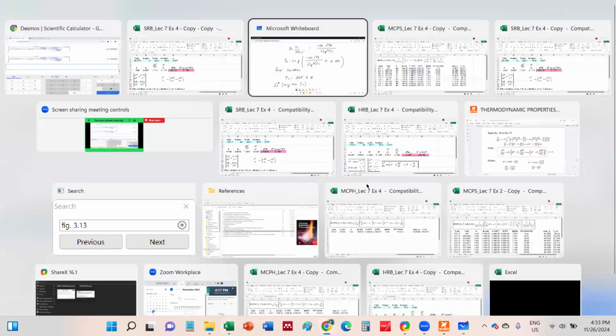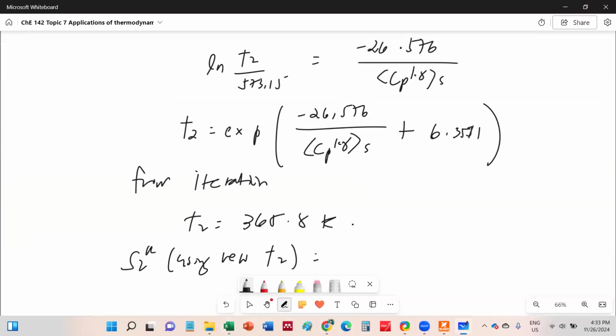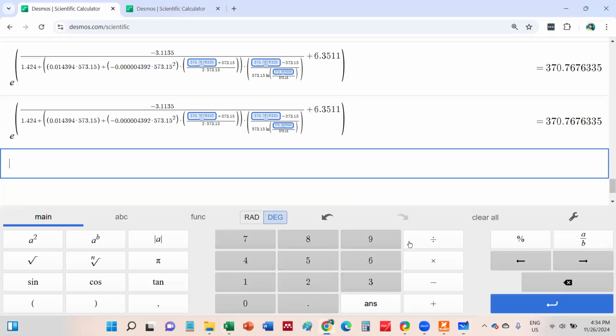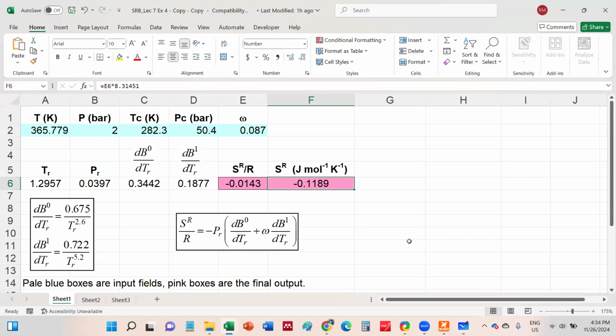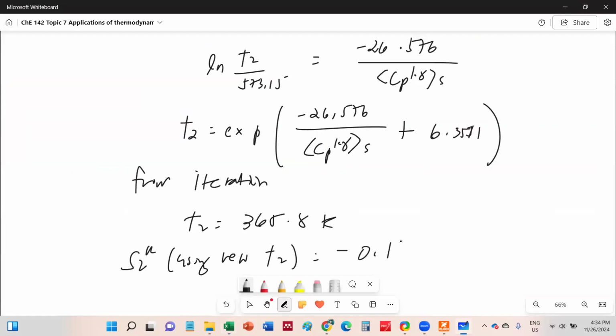So in the book they rounded off to negative 0.120. All right. Not 120. Negative that one. Negative 0.120 joules per mole Kelvin.